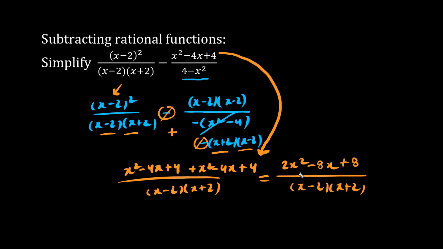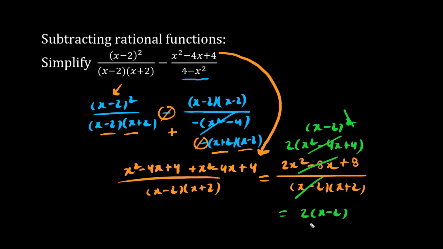We can factor a 2 from the top, so we have 2 times x squared minus 4x plus 4, and this can be rewritten as x minus 2 squared. So one of these x minus 2's cancel out, so this exponent disappears. So on the top we have 2 times x minus 2, and on the bottom we have x plus 2. So this here is a simplified form.